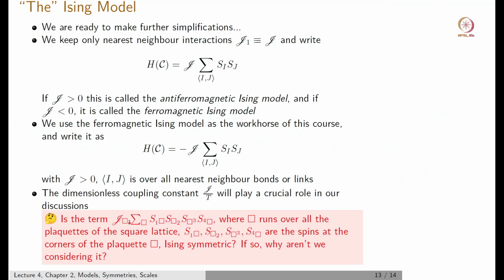So this is what I call J plaquette interaction. So is this Ising symmetric? And if you find the answer is no, then it's okay, that's fine. But if you find the answer is yes, then why are we not considering it? Because symmetry allows this to be there. So this is something that you should think about, and maybe it will take some time for you to figure out the true answer to this question, and it's an interesting challenge, so please do think about it.